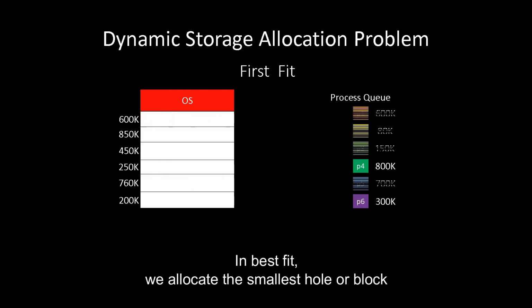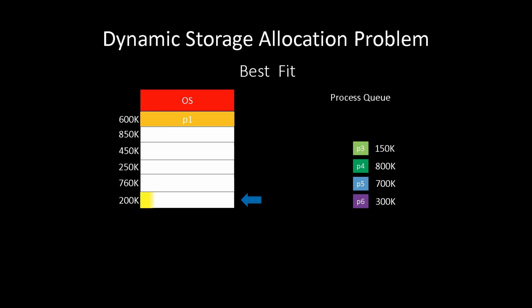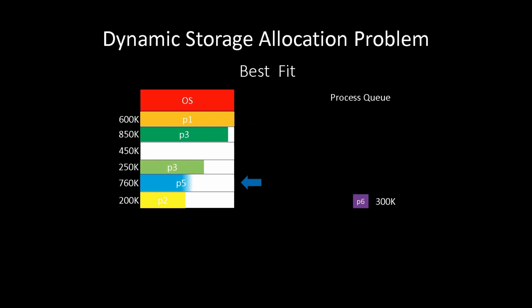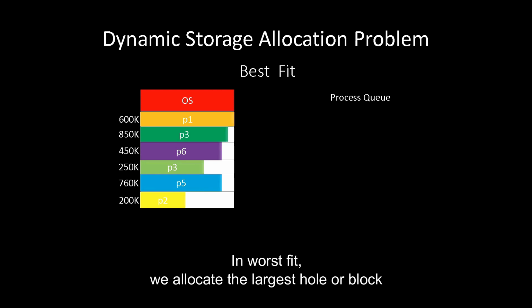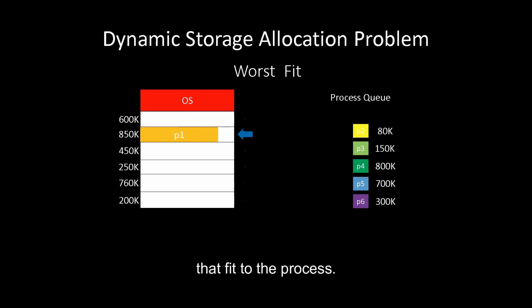In best fit, we allocate the smallest hole or block that is big enough to the process. In worst fit, we allocate the largest hole or block that fits the process.